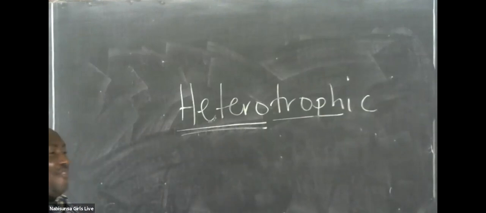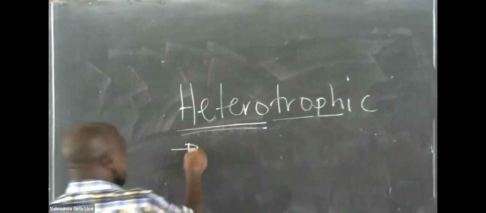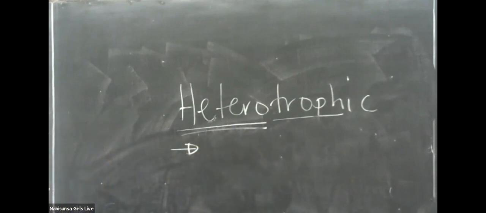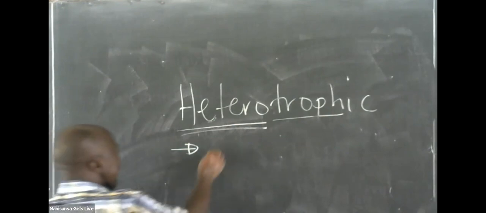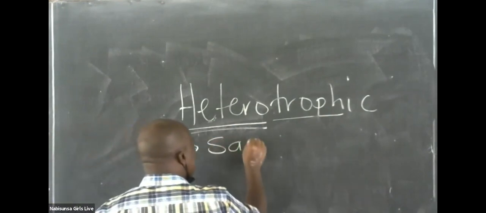Like for example, we shall subdivide it into the following. One, which I'm assuming that every person knows. I'm assuming, by the way, and my assumption might be right or wrong. I will say saprotrophic.